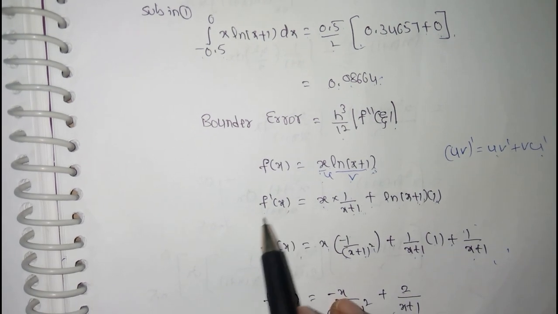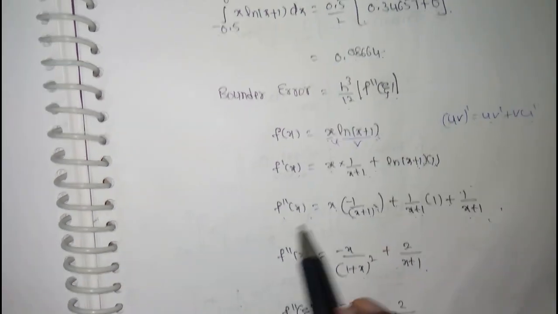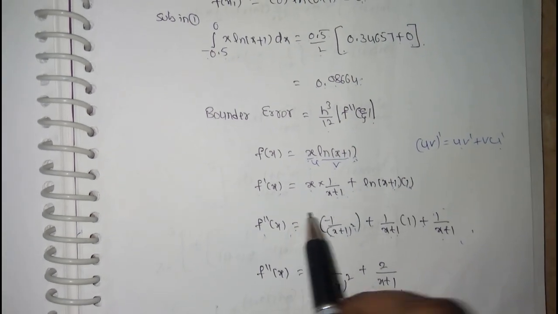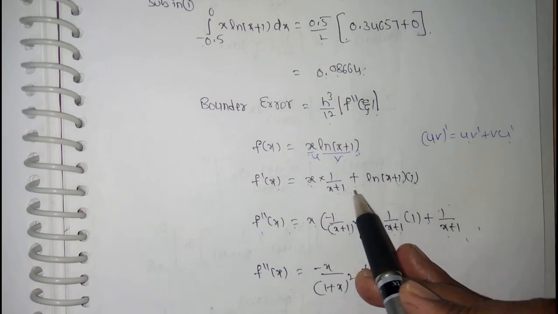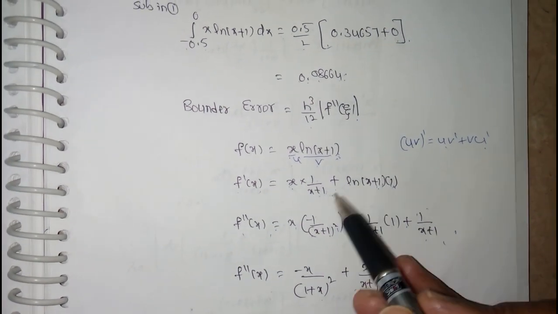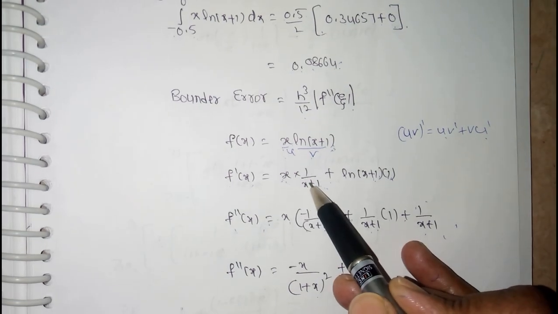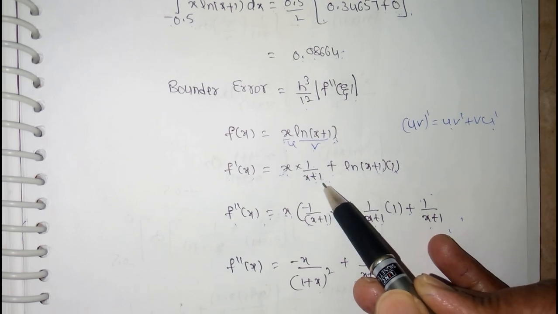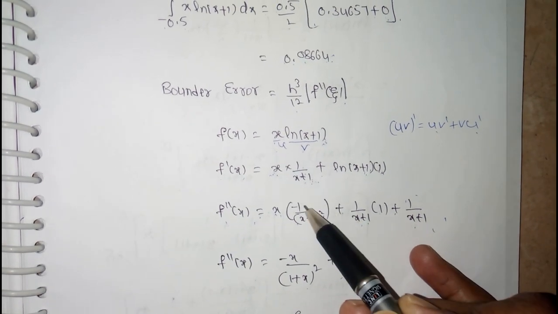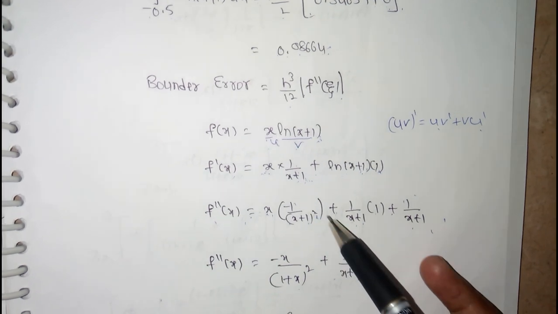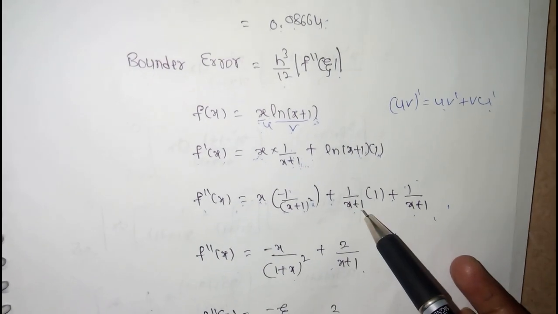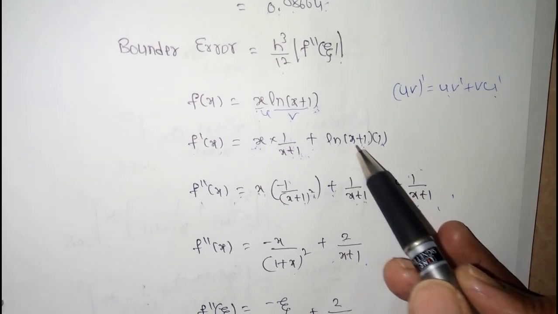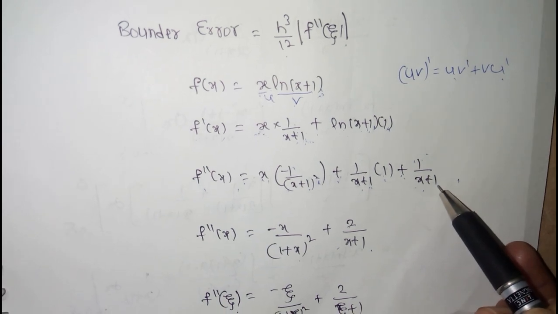Next, again differentiating f dash of x with respect to x, we get the second derivative f double dash of x. Here x is one function and 1/(x + 1) is another function. Again using the uv form, uv' plus vu': x times the derivative of 1/(x + 1), which is -1/(x + 1) whole square, plus 1/(x + 1) times the derivative of x, which is 1, plus the derivative of ln(x + 1), which is 1/(x + 1).